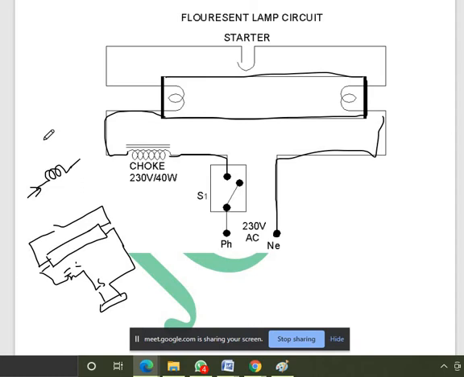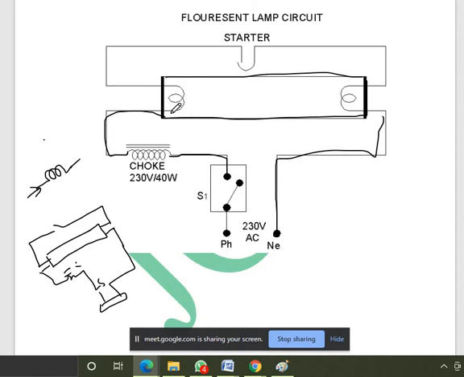In recent days, if you purchase a choke, it is an electronic choke, which gives 2 inputs and 2 outputs. This is an older diagram with an older choke, which only has inductive coils. You just connect one end to the supply voltage, and the other end of the coil to the filament of the tube light.